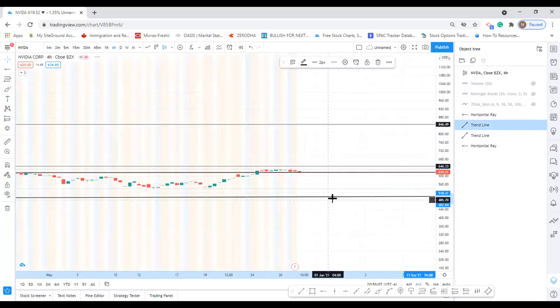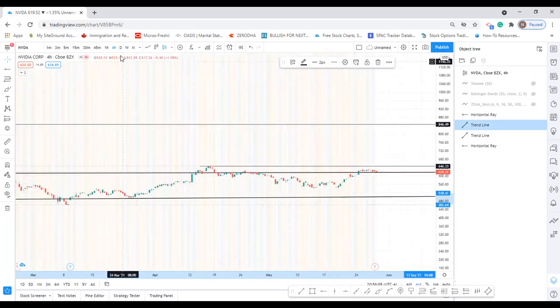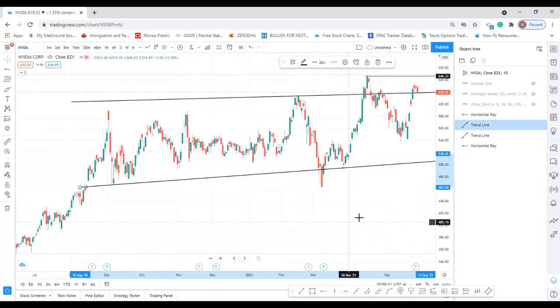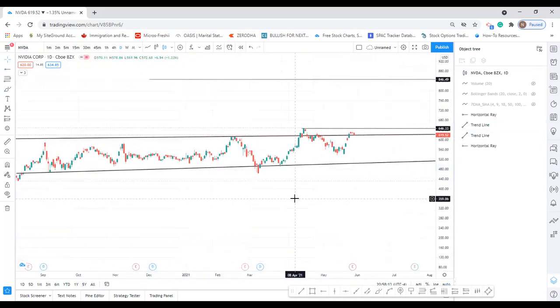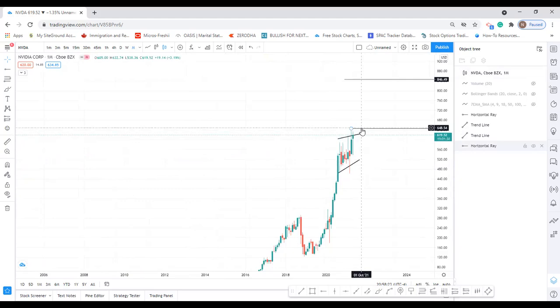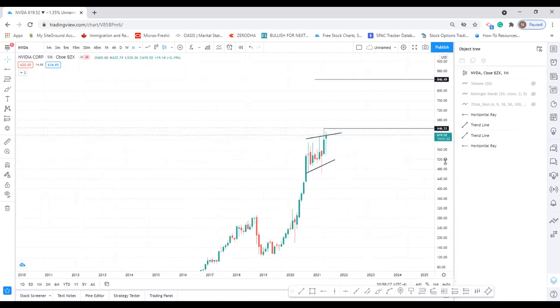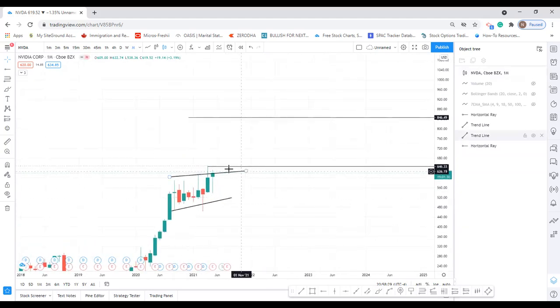On the daily, you need a closing above this 640. What was the monthly level? Yeah, 648. You need a closing above 648, or at least give the closing tomorrow above 635. At least a 635 closing you need.